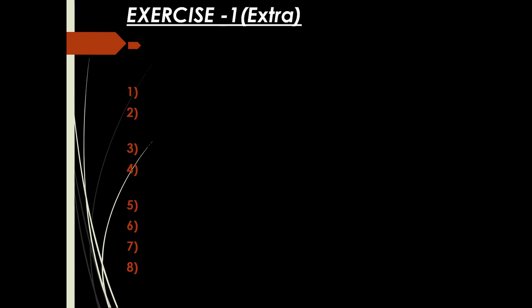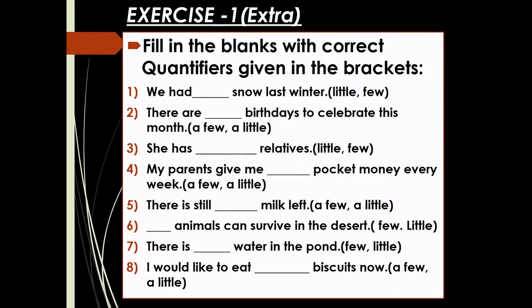Exercise numbers 1, 2 and 3 are extra exercises. They are not in your book. They are given by me. Exercise number 1 is fill in the blanks with the correct quantifiers given in the brackets.